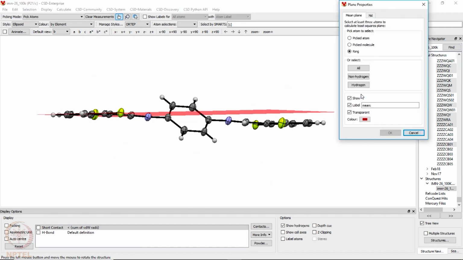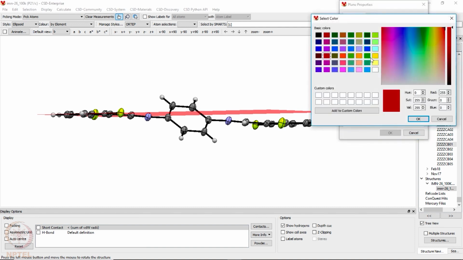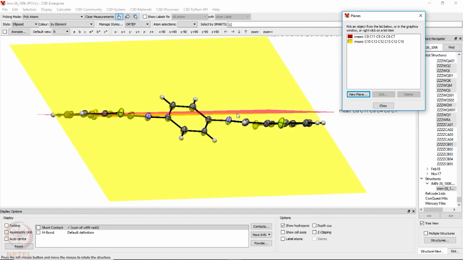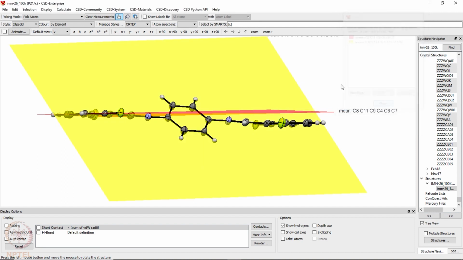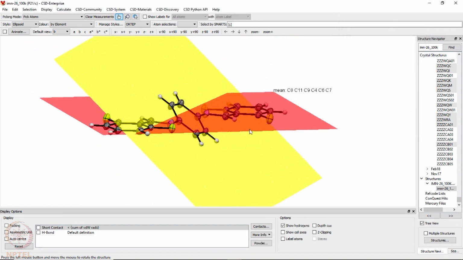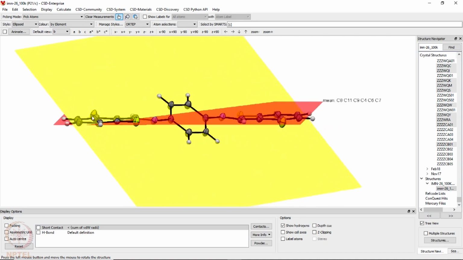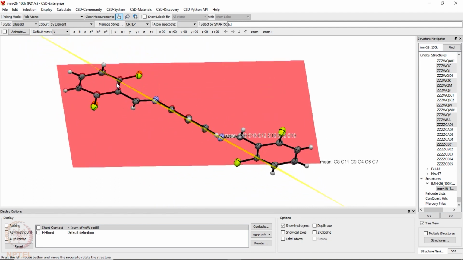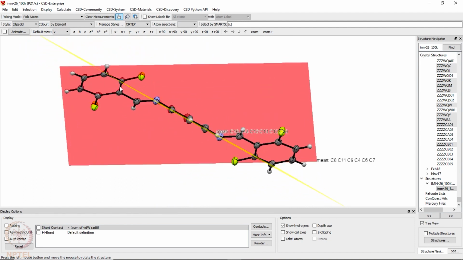Now if I want to generate one more plane and designate it with yellow, passing through the central ring, we can do it like that. So now we have two planes, one plane passing through the terminal aromatic ring, and one plane passing through the central aromatic ring.